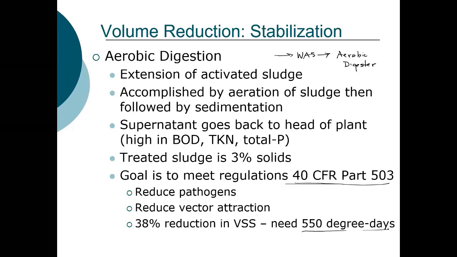The alternative in terms of digestion is an anaerobic digester. So an anaerobic digester operates in the absence of oxygen. The advantage of aerobic, and we'll talk about safety issues with anaerobic, but the major advantages are it's safer, it has a lower capital cost, it has a relative ease of operation. So those are the advantages.